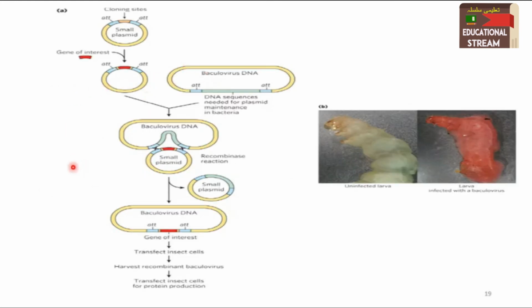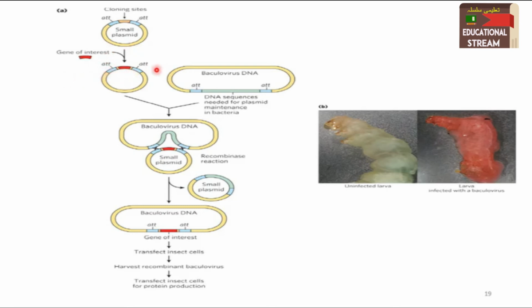This is an example of expression within the insect host, or we can say that this is cloning using the baculovirus. As it is shown over here, this is the construction of a typical vector which is used for protein expression in baculovirus. The gene of interest is cloned into a plasmid between two sites known as the att sites.